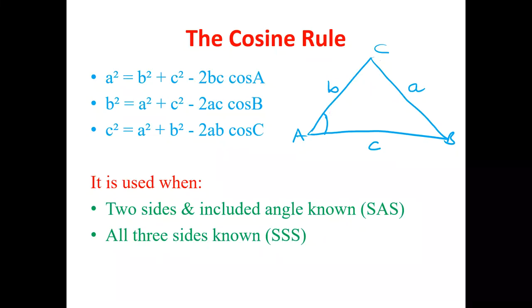Whenever you are finding side a, you have to use angle A, because a squared is equal to b squared plus c squared minus 2bc cos A. When you start with a squared, use angle A. When we start with b, I use angle B. When I start with c, I use angle C. And we only use the cosine rule if I have two sides and the included angle known, or when you are given all three sides.